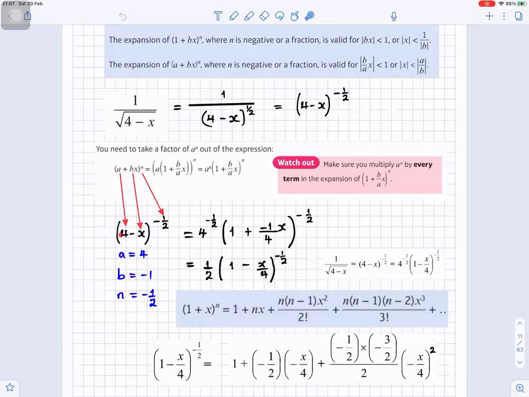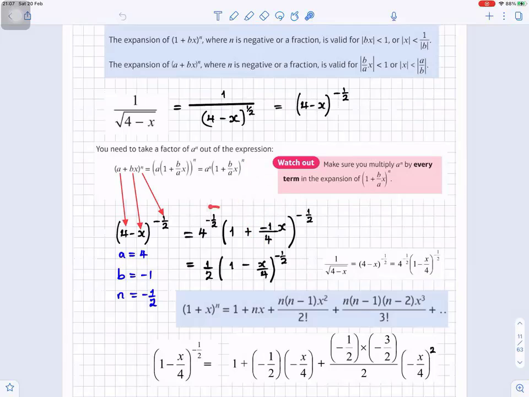Since our a is 4 and our n is minus a half, what comes out is 4 to the minus a half. The 4 is the a, the minus a half is the n. And we're left with 1 plus b, which is minus x, minus 1x over a, which is 4.